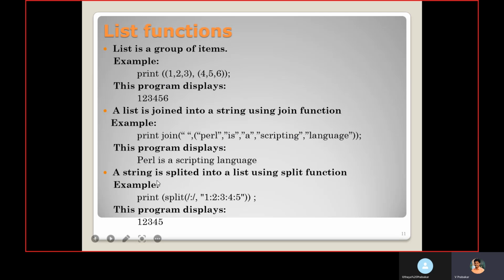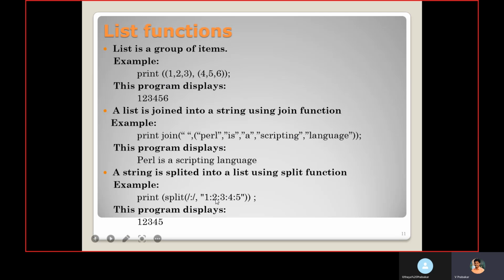Then the split function. A string is split into a list using the split function. Whatever you mention here, there it will create a split. Here I used a colon. It is the given string.